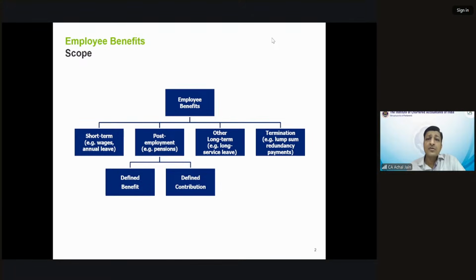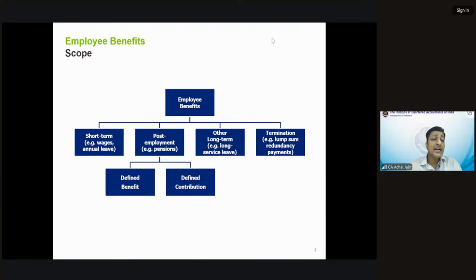Neeraj says those which are payable at the time of retirement. Okay. Now, in respect of post-employment benefits, I think Linga has already answered this.